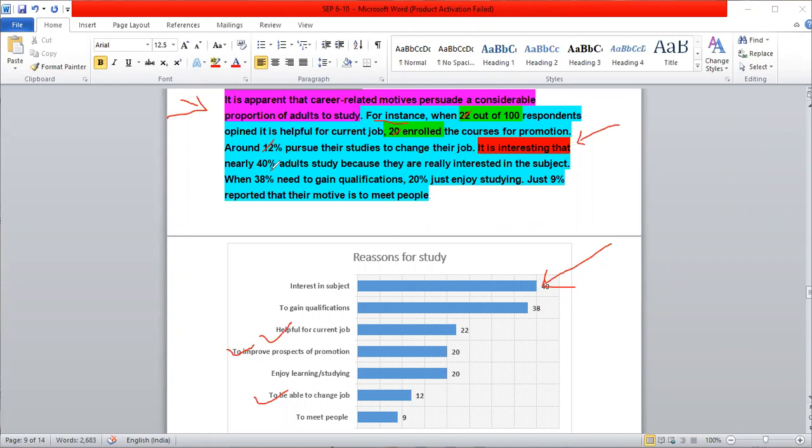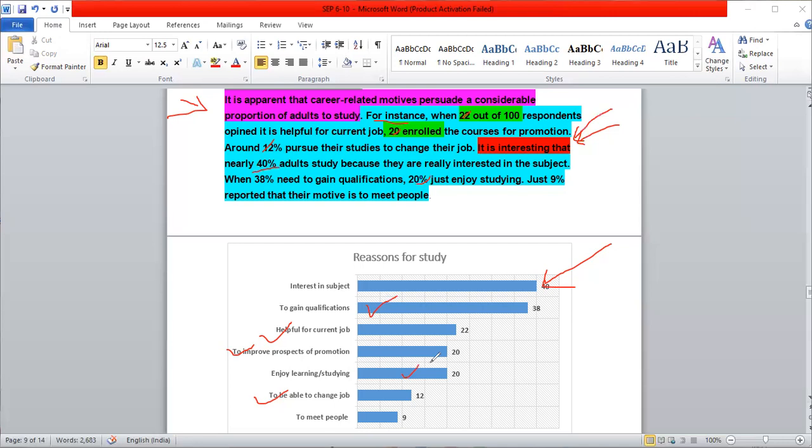Now, it's very noticeable, it's very prominent, the data is very visible that nearly 40% of adults study because they are really interested in this subject, when 38% need to gain qualifications. Yeah, 20% just enjoy studying. Yes.